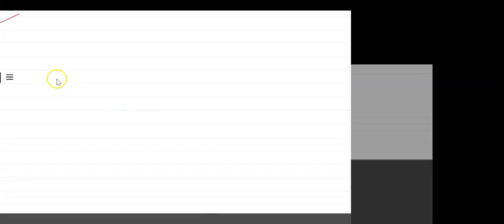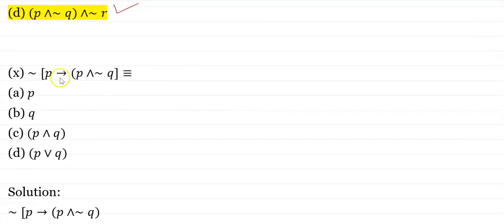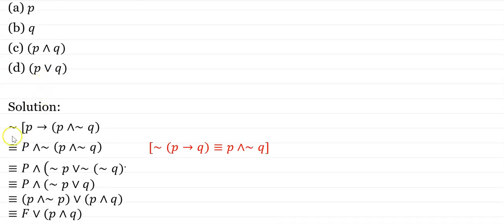Now the next question. Negation of P implies in bracket P and negation Q. Here again we have to apply the negation. Now see this. Negation of P implies in bracket P and negation Q. And therefore again we are applying the negation of implication. So what is the negation?